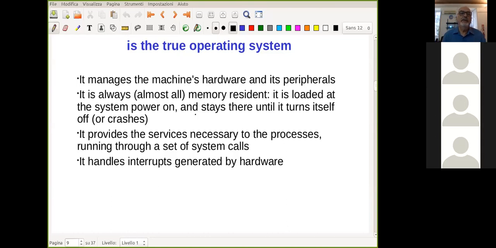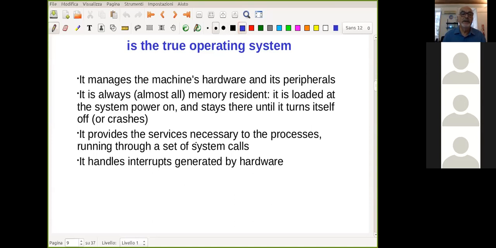But generally, we can think of the kernel as always memory resident, and it provides all services necessary to the running processes through a set of system calls.